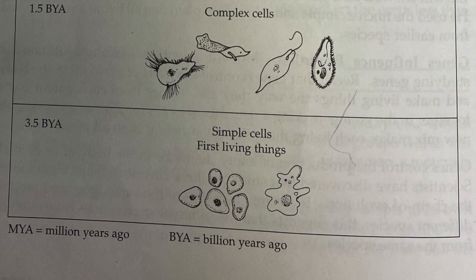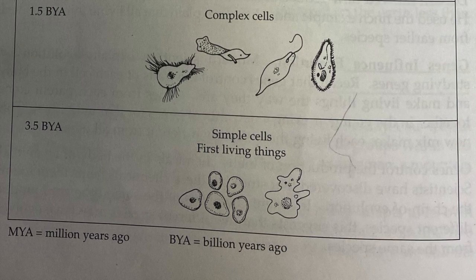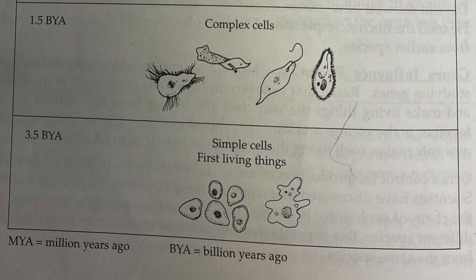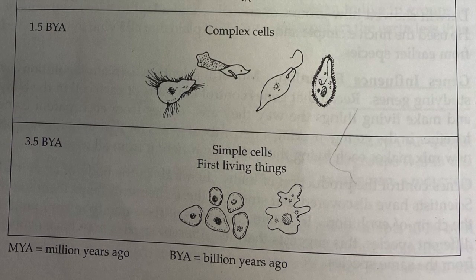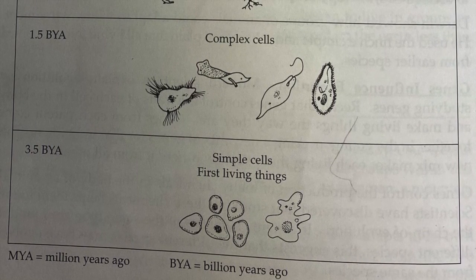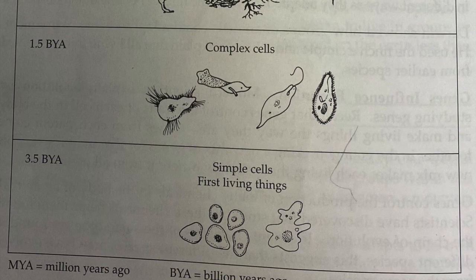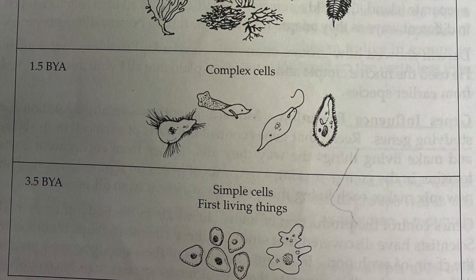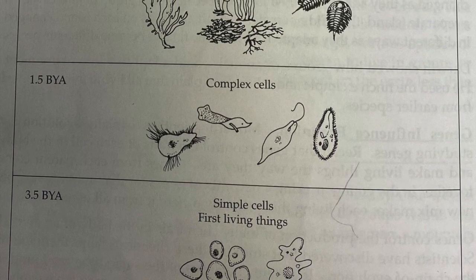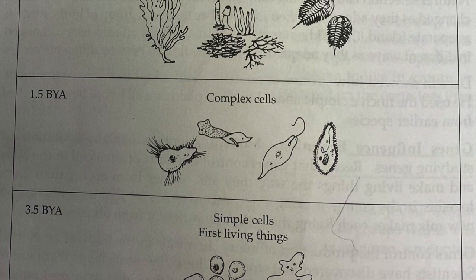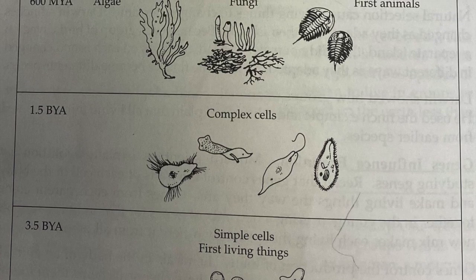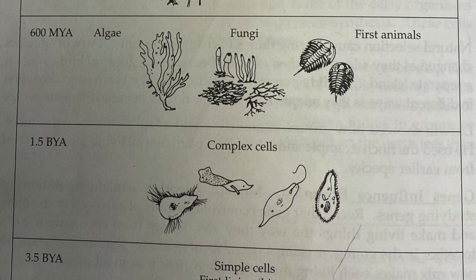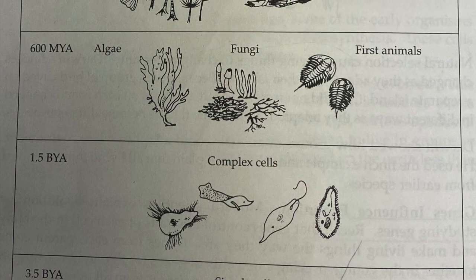So, like I mentioned, this timeline goes back about 3.5 billion years ago, and we start by seeing simple cells or the first living things. Next, we have an image of about 1.5 billion years ago, which are more complex cells. So they're not just simple anymore. 600 million years ago, there was a development in algae, fungi, and the first animals.